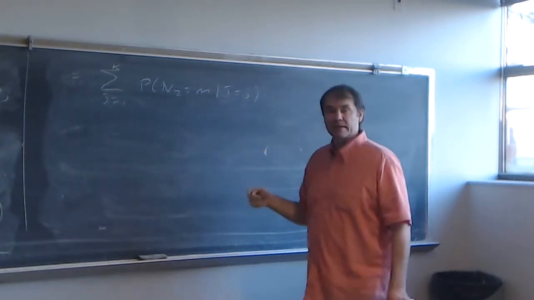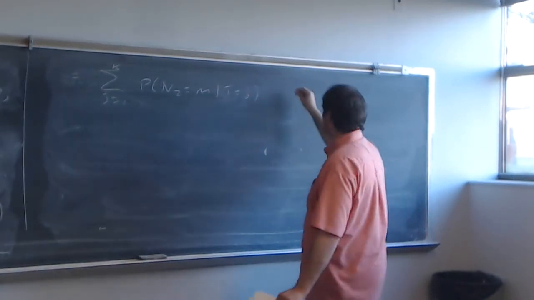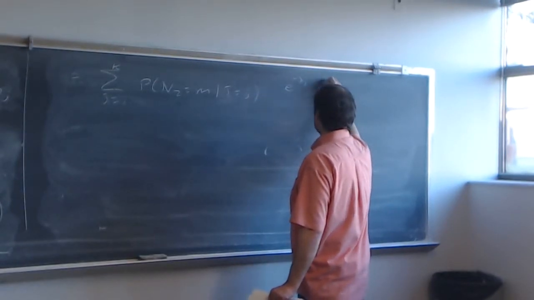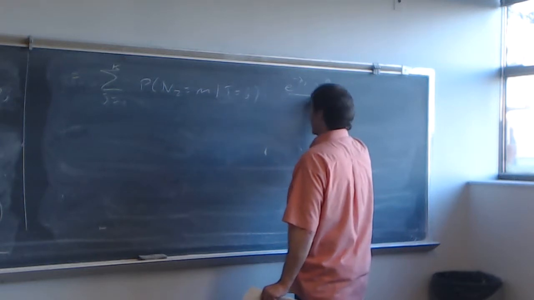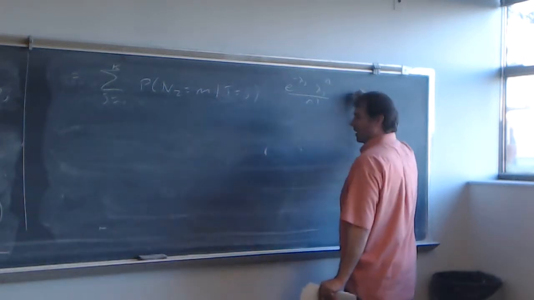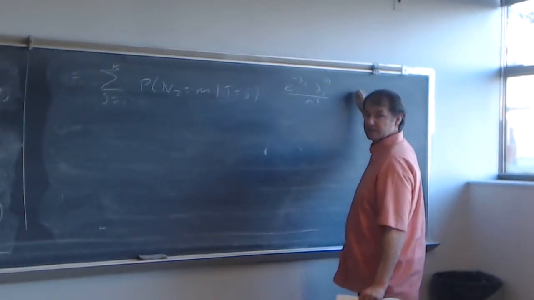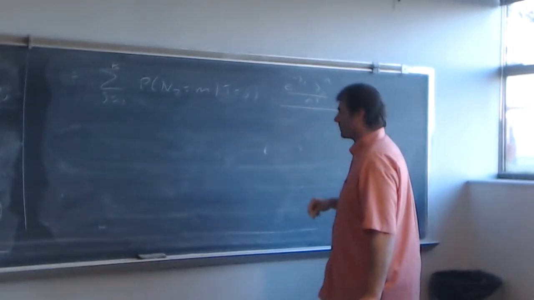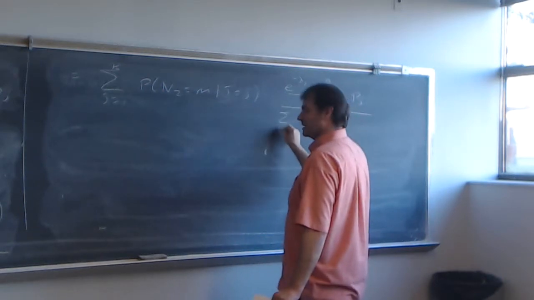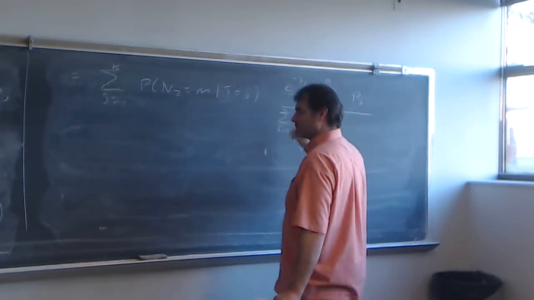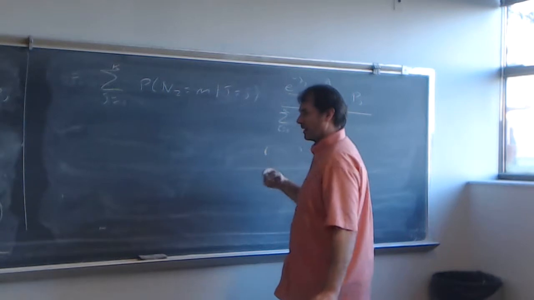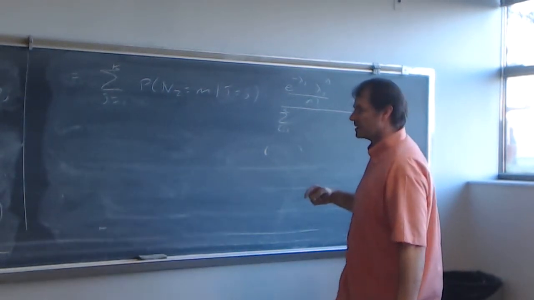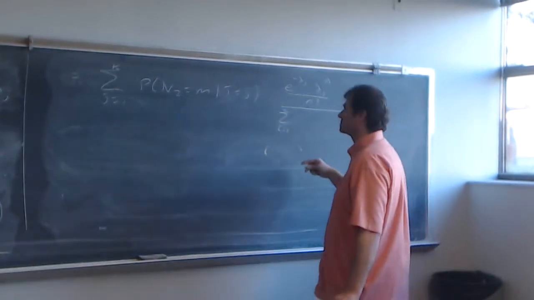Remember that n sub 1 is a Poisson distributed random variable. So this is e to the minus lambda sub j, lambda sub j raised to the n, over n factorial. And then the probability that T is equal to j is called p sub j, that's a symbol. All over this sum as i runs from 1 to k, now we had the probability of n sub 1 equaling n.